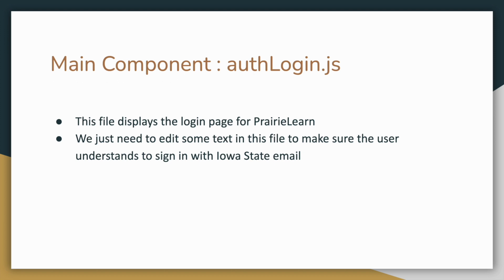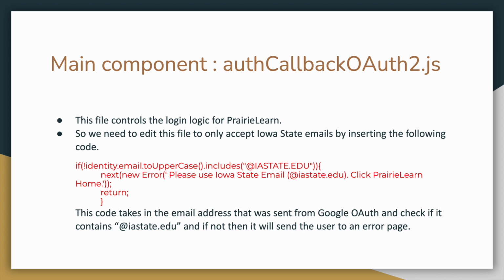So the auth login file just displays the login page for PrairieLearn. We just need to edit some text in this file to make sure the user understands to sign in with the Iowa State email. And then the callback file controls the login logic for PrairieLearn. So we just need to edit this file to only accept Iowa State emails, and the code for doing that is right here.